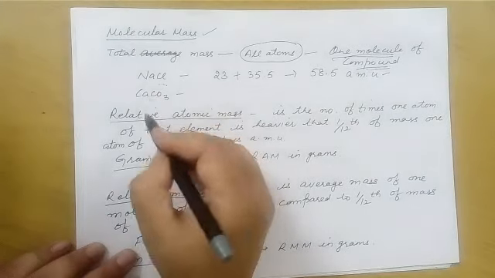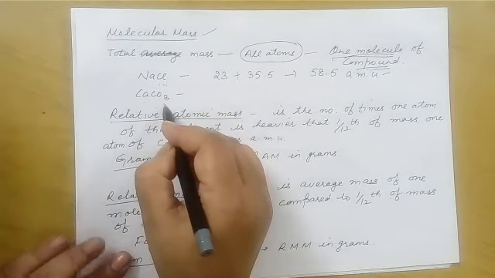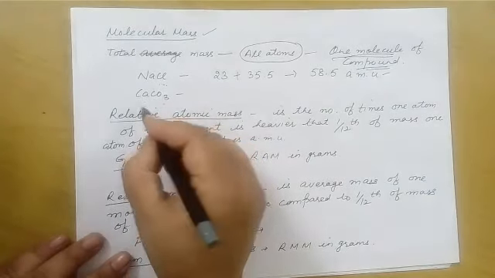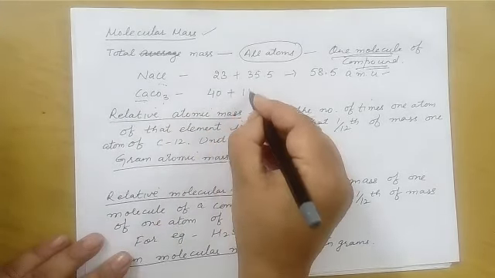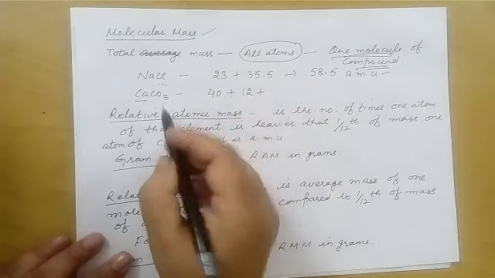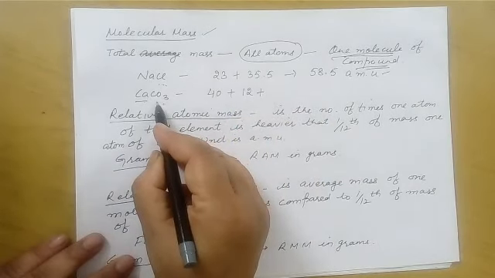What is the molecular mass of calcium carbonate? Mass of calcium 40 atomic mass, carbon 12, and we have 3 atoms of oxygen.